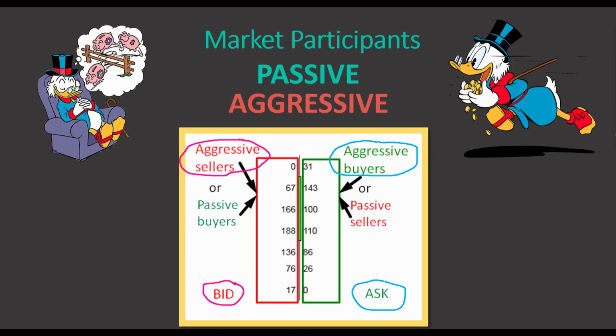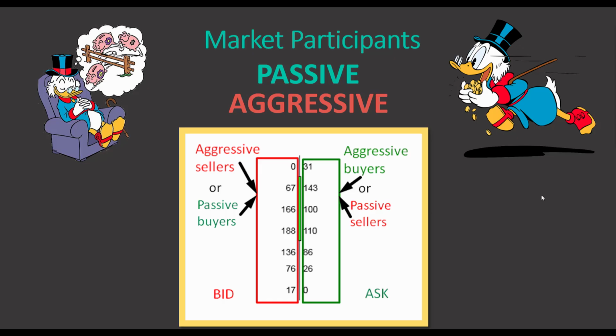But what confuses people is that on bid we can also have passive buyers entering their trades with limit orders, and on ask there can be passive sellers. So all in all, bid can show sellers as well as buyers, and ask can show buyers as well as sellers. Tricky, isn't it?